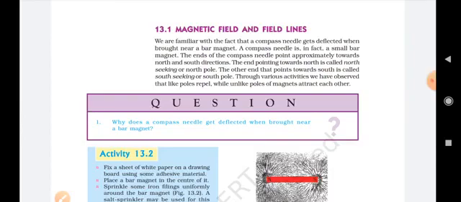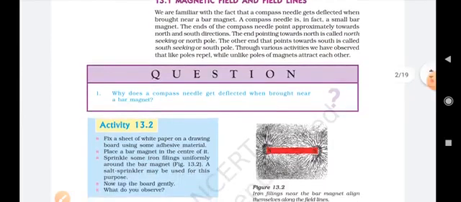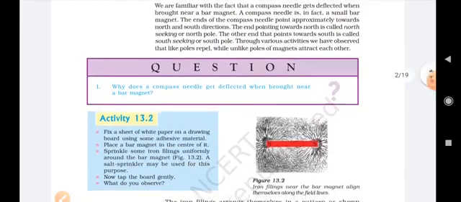A magnetic field is a region around the magnet where force acts on the magnetic needle, and the needle stops at a specific direction. It means it is the area where the magnetic force can be felt, the effect is there in that particular area, and that is called the magnetic field.